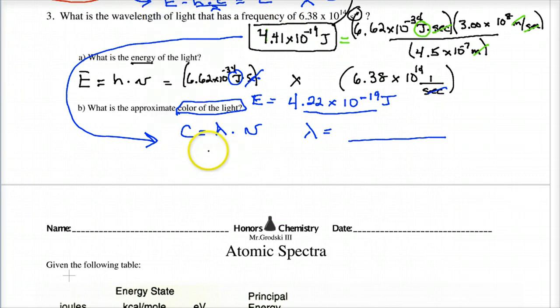Okay, so if I rewrite this, lambda is equal to speed of light over the frequency, right? That v goes to the bottom. So my speed of light is 3.00 times 10 to the 8 meters per second.